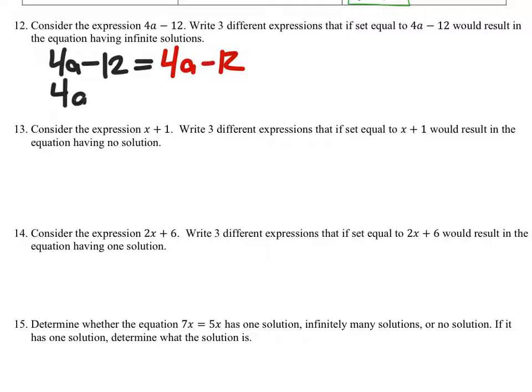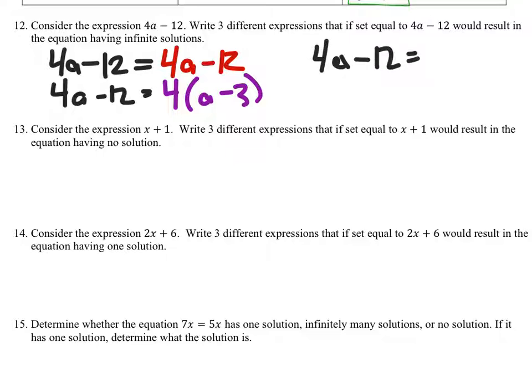Another one, we could use distribution and make this 4 times a minus 3. Or you can split up some of the stuff, so 4a minus 12 can be equal to, I don't know, a plus 3a minus 12. Or you can split up the 12. That's pretty good.